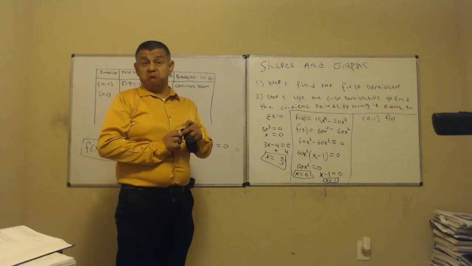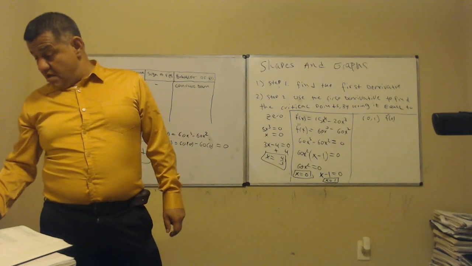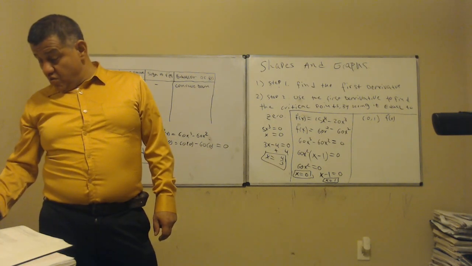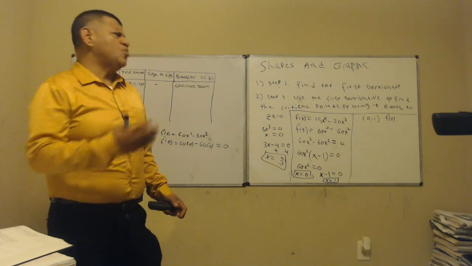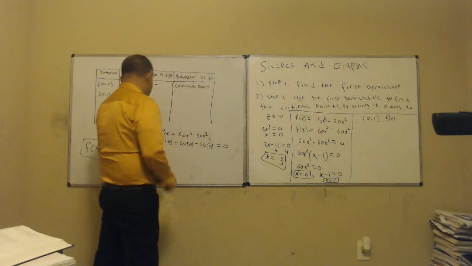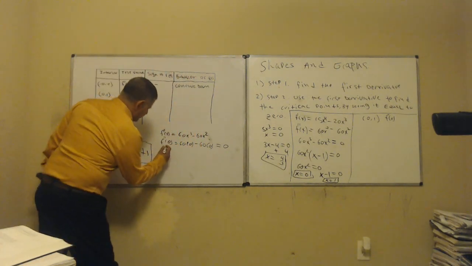So it's not even concave up or concave down. But when we do 1, let's say, for example, we do 1 over here, and let's test it. Just for the heck of it, right?